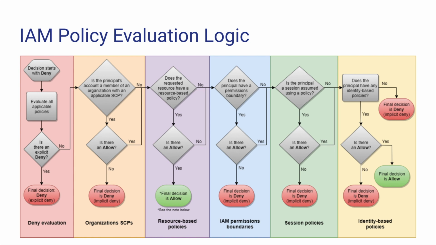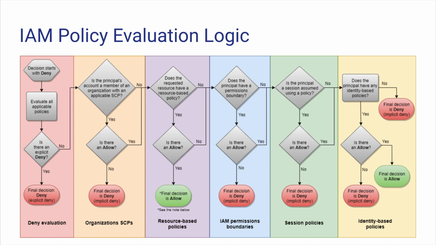If your organization's service control policy doesn't enable you to do a given action on a given resource, then again the answer is deny. But if it allows you to do that, you still can't access it unless, for example, there is a resource-based policy. So, for example, you have an S3 bucket, and your S3 bucket gives you permission. Then you can do the certain action.